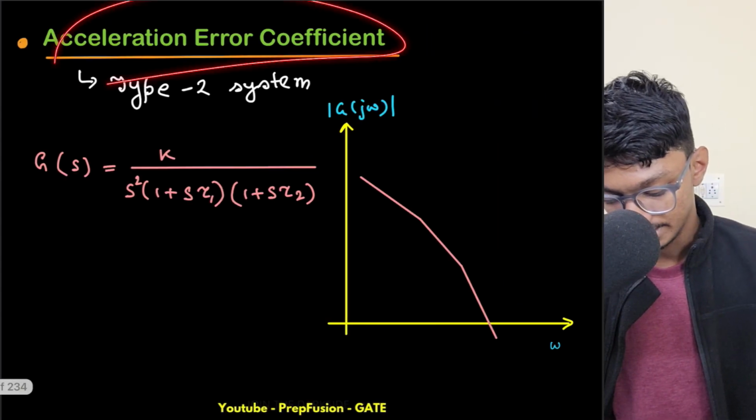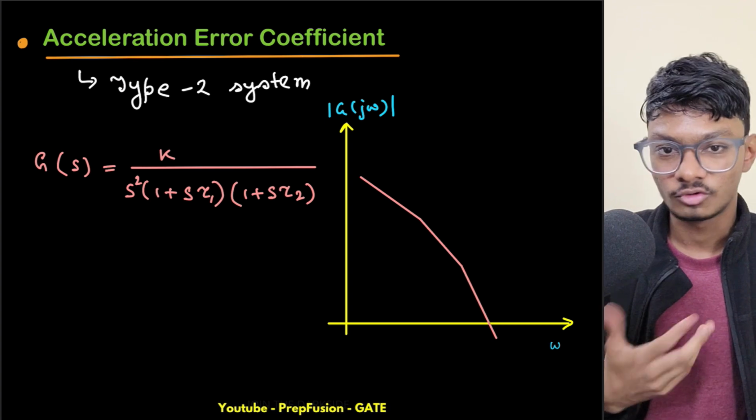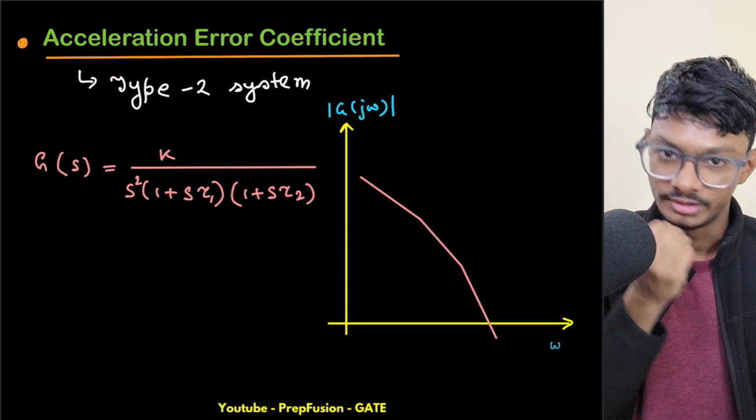Now the acceleration error coefficient. The acceleration error coefficient is defined for a type 2 system. I will go a bit faster right now.